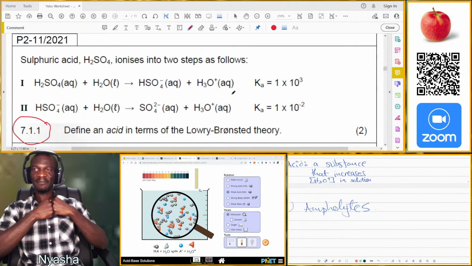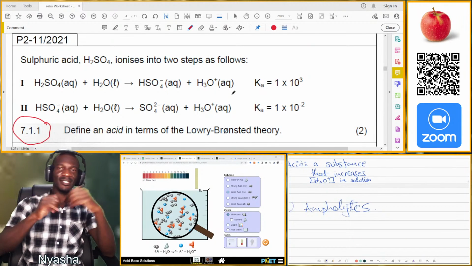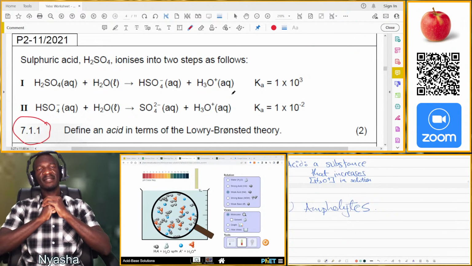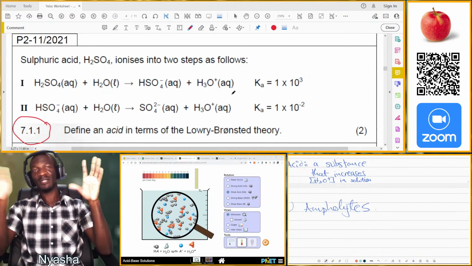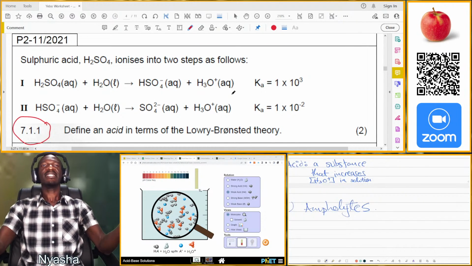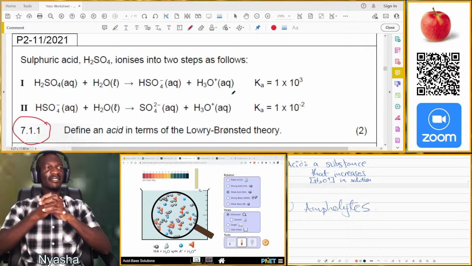In other words, in one chemical reaction, it donates protons like an acid. In another chemical reaction, which is different from the first one, it accepts protons like a base.